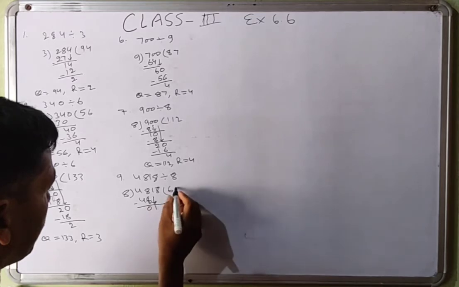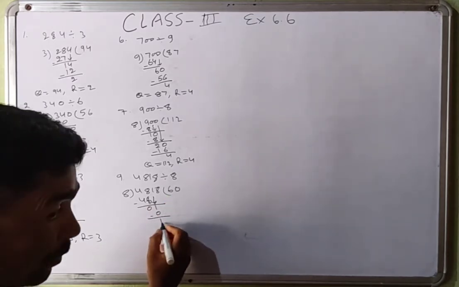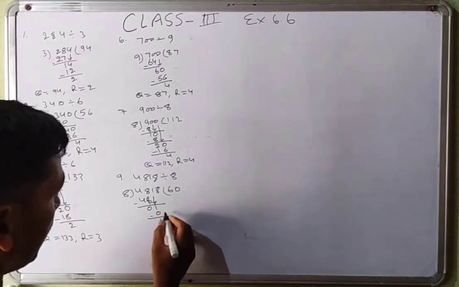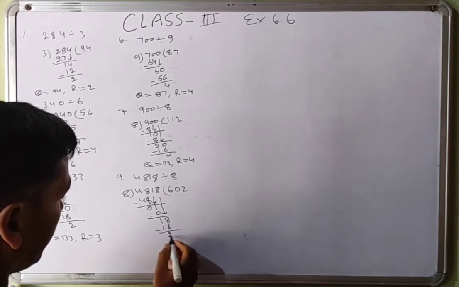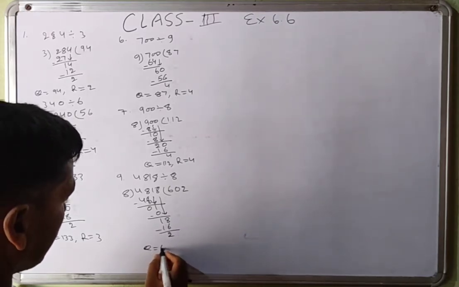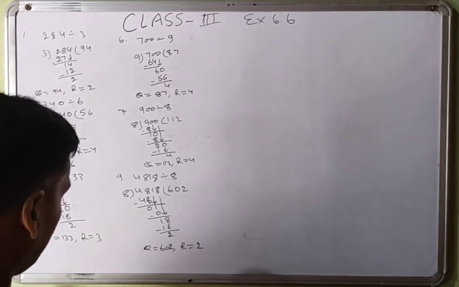So 1 eight 0s are 0, that remainder is 1 and then the next digit 8. 8 twos are 16, then the remainder is 2. So the quotient is equal to 602 and the remainder is equal to 2.